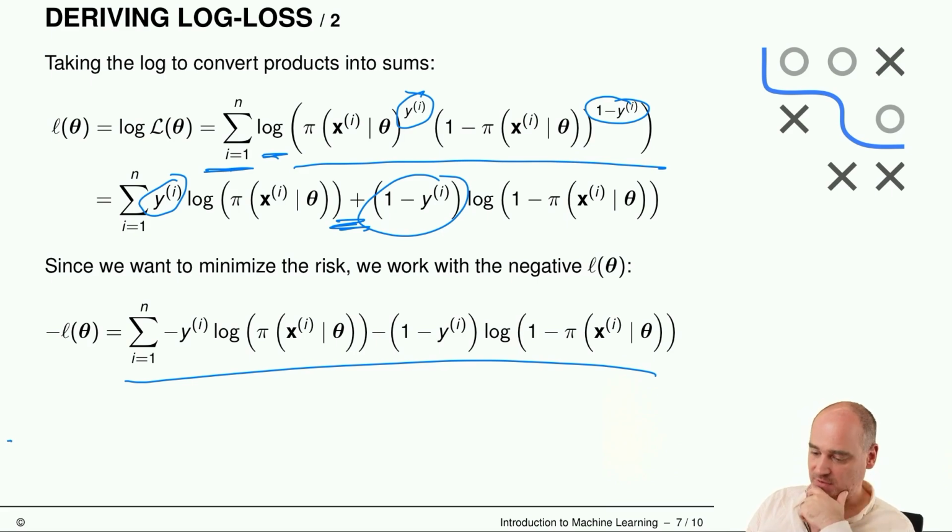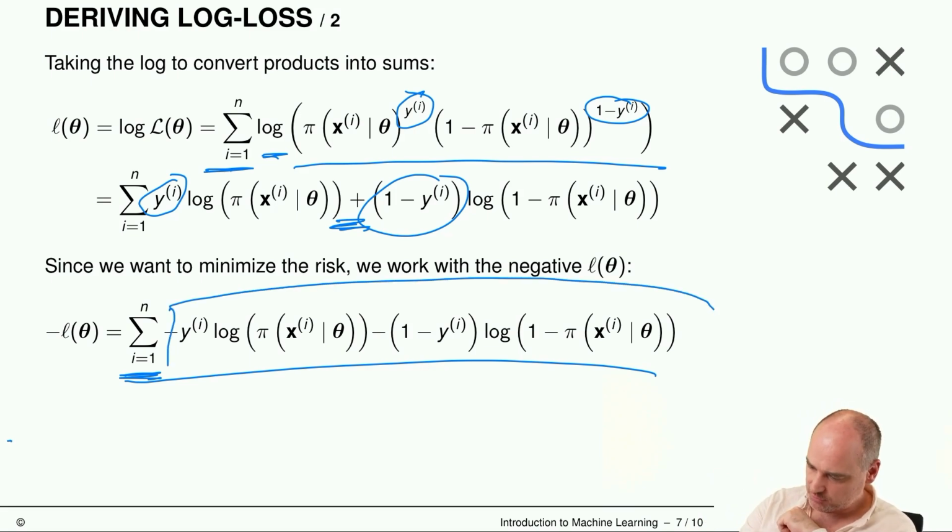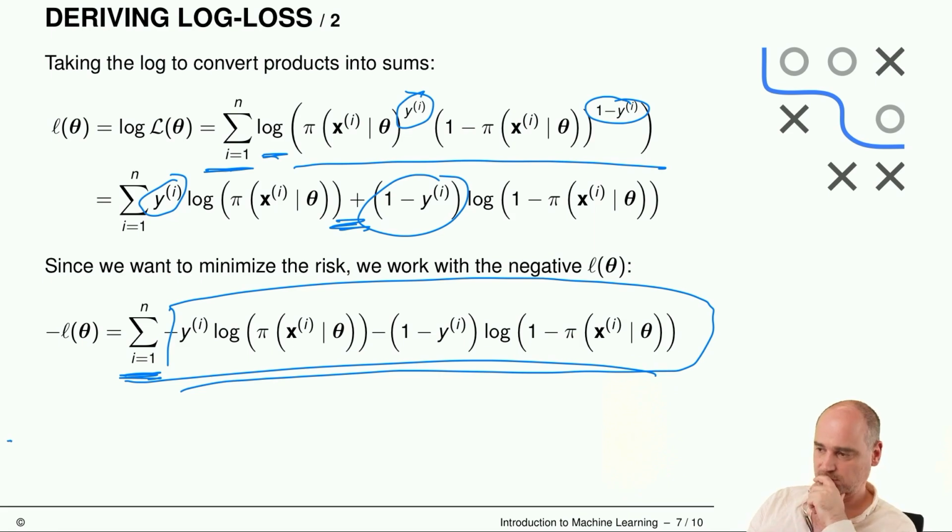And now if we look at that, this is a sum over the complete training data set from i equals 1 to n, where we do some function here for every observation, where we compare the predicted probability with the label.